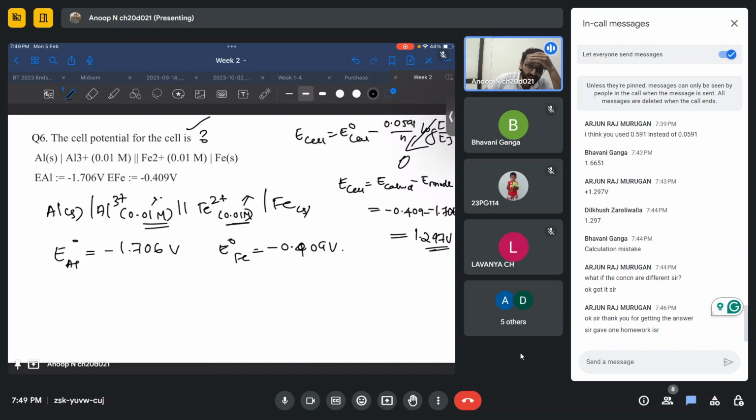It's like the Daniel cell calculation: 0.34 minus 0.76, so it will be 0.34 plus 0.76. It will be 1.1 volt. Here, because the concentrations are the same, this term cancels out. Log 1 is 0, that's how it's coming. That's why I wrote that the term will be 0.